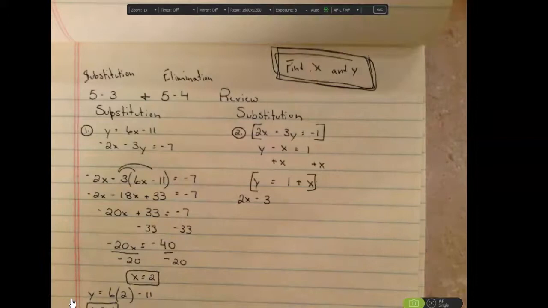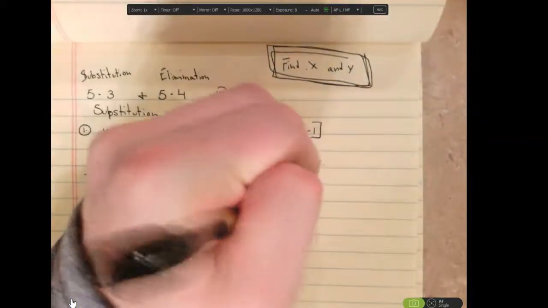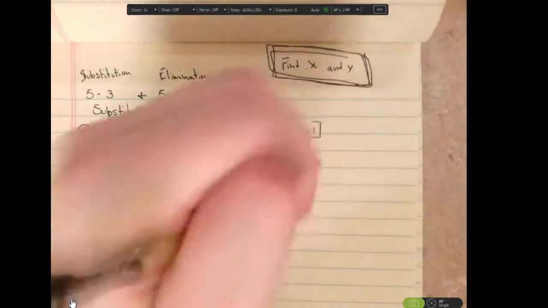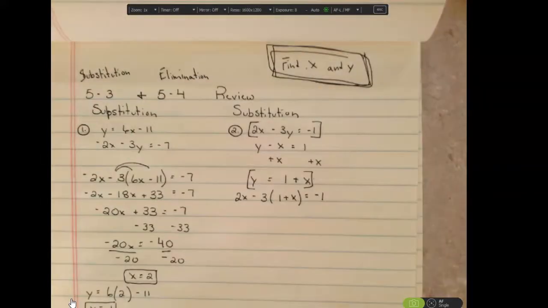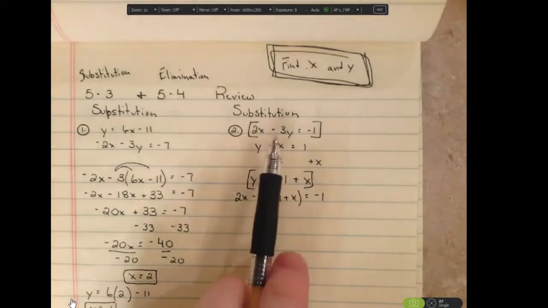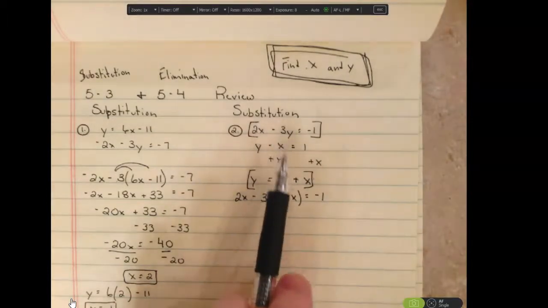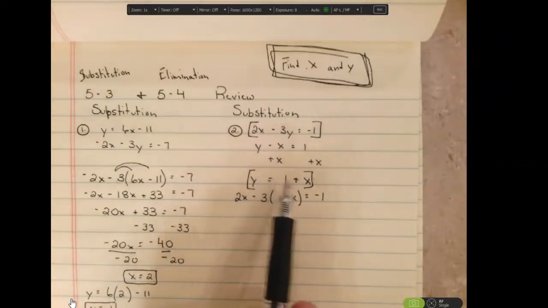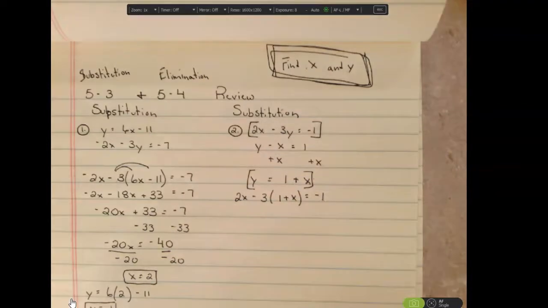I'm going to plug in for y now. Remember, do your parentheses. 1 plus x equals negative 1. Guys, this equation should be identical to this top equation, with the only difference being where there's a y, you plugged in what y equals, 1 plus x.